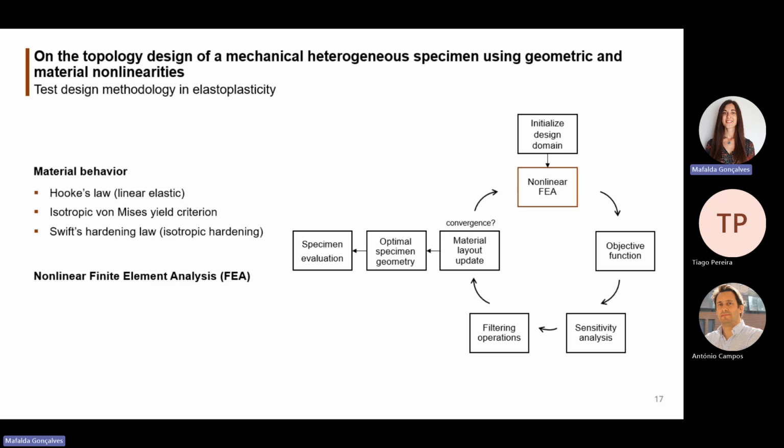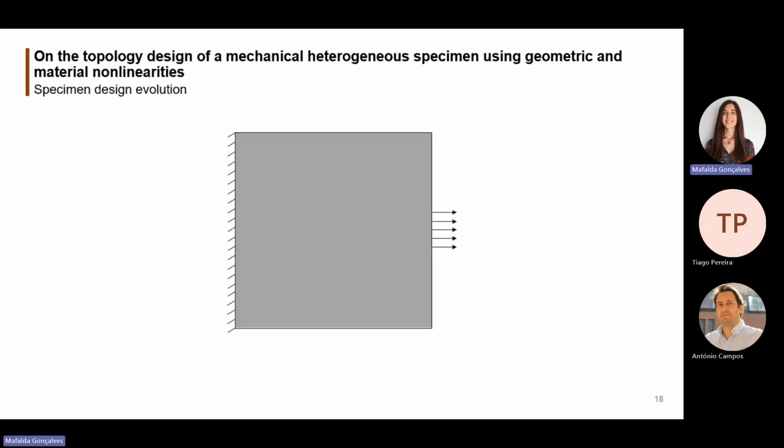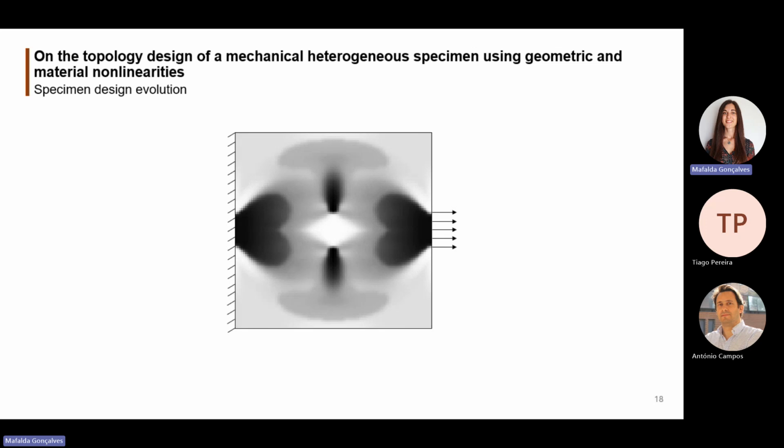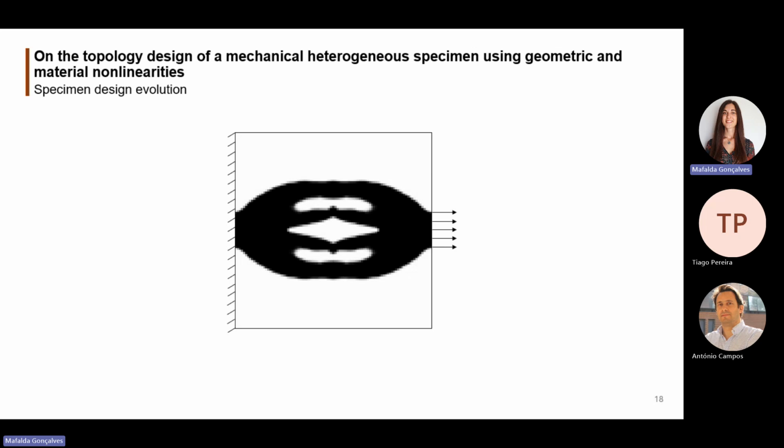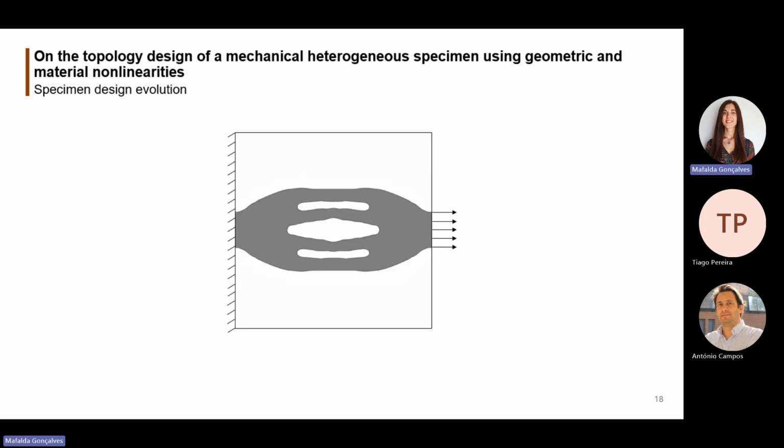This leads to changes in the finite element analysis, which now includes these aspects, and we try to minimize the residual between the internal and external loads. Here is the evolution of the optimization process for elastoplasticity. We start from a homogeneous material distribution, and the optimization algorithm is trying to add or remove material in specific locations in order to achieve the optimal geometry.